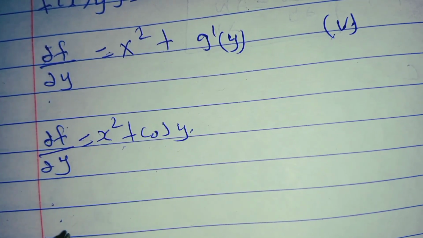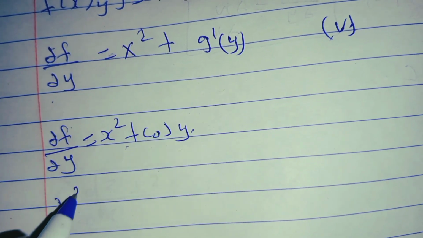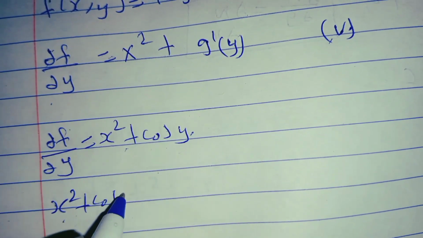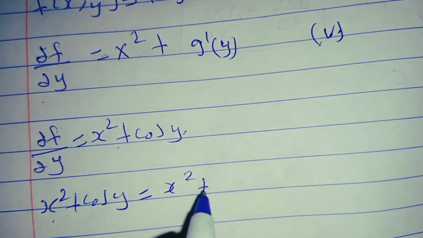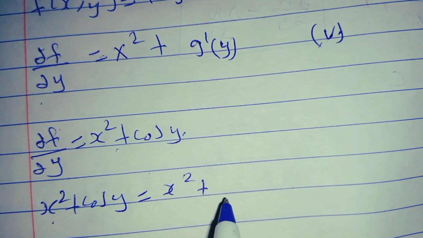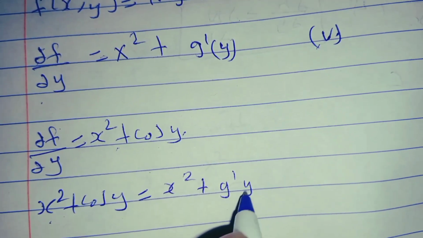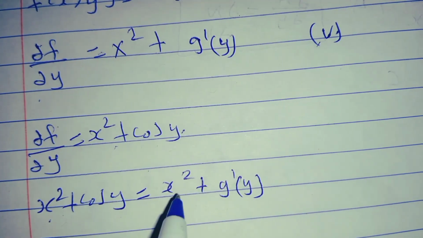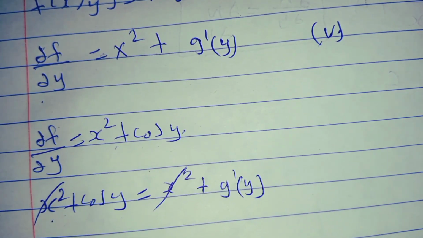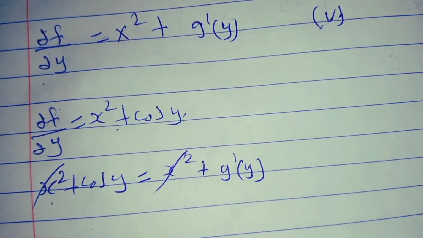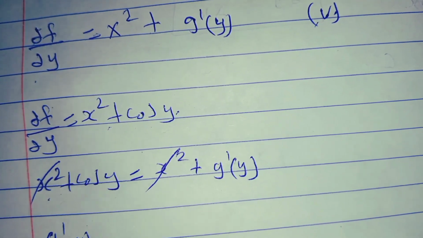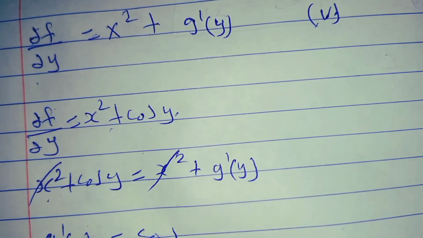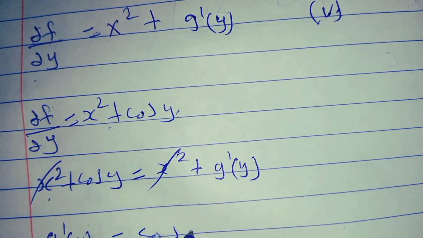So here we write x squared plus cos of y is equal to x squared plus g prime of y. You can see x squared will cancel because it is on the left hand side and on the right hand side, so we will be left with g prime of y is equal to cos of y.